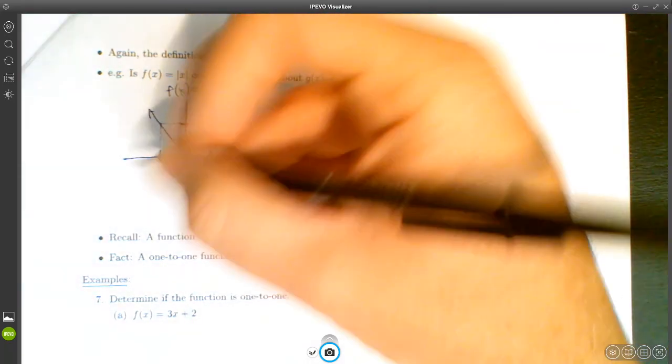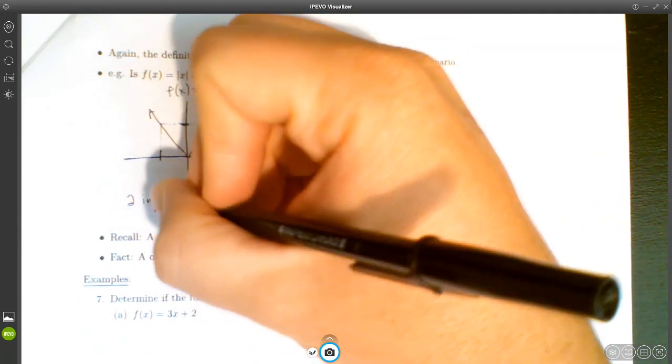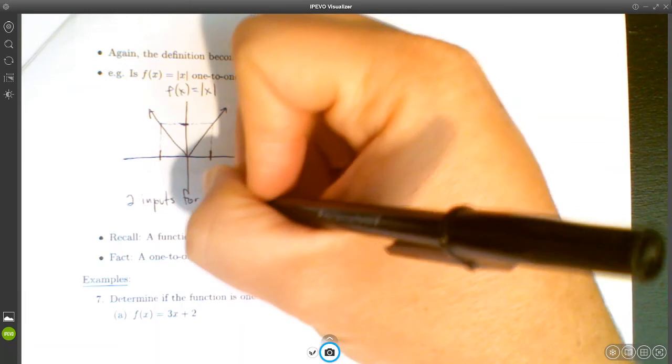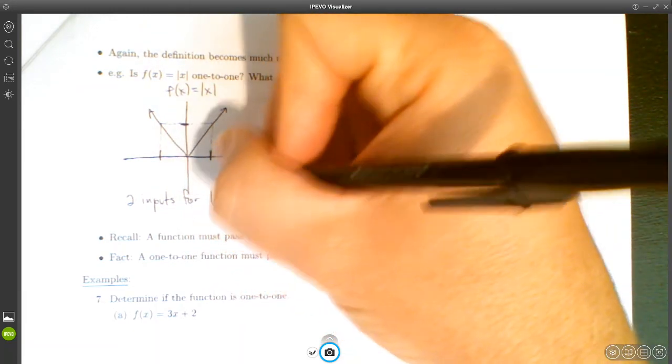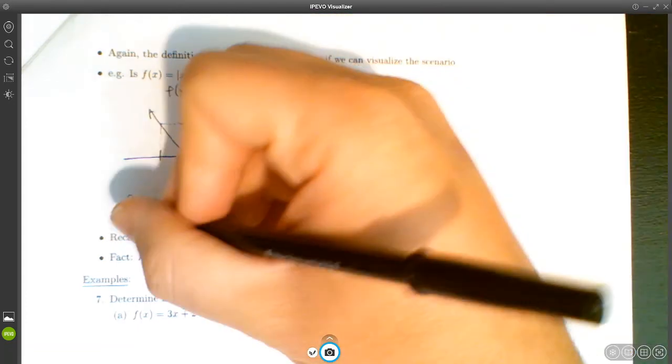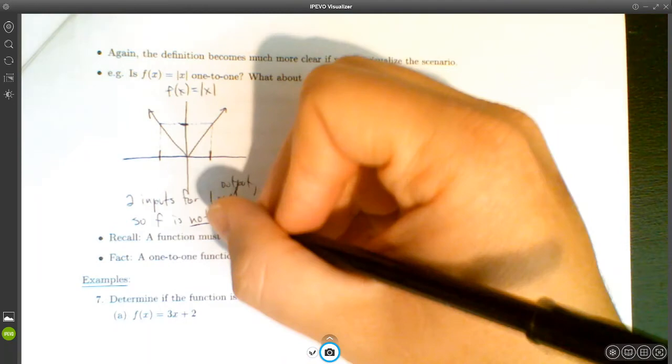Okay, so you have two input values for one output. So f is not 1 to 1.